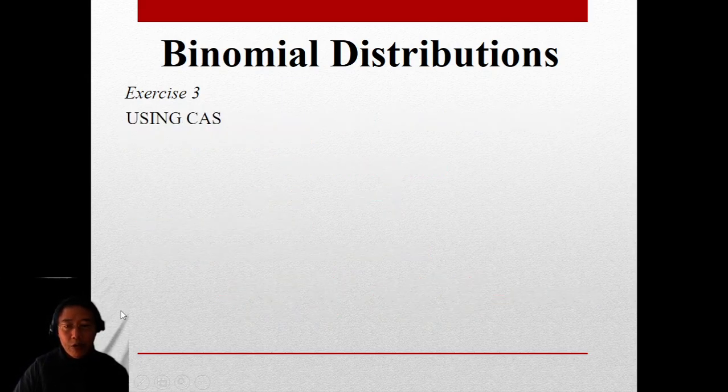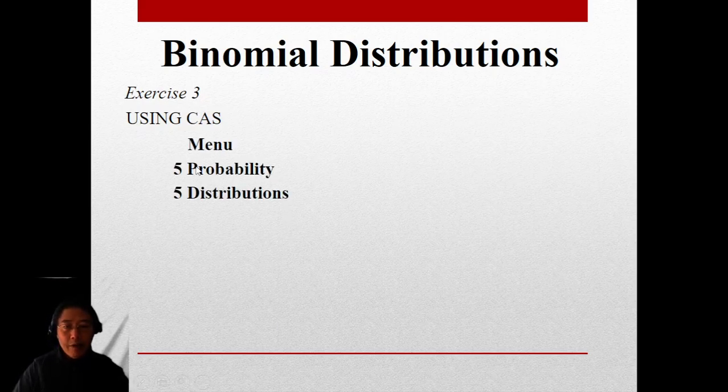Now, a quicker way using a CAS is you're going to use a different binomial function. Menu 5. This time, just be really careful. You use, let me get my laser, it's a CDF.